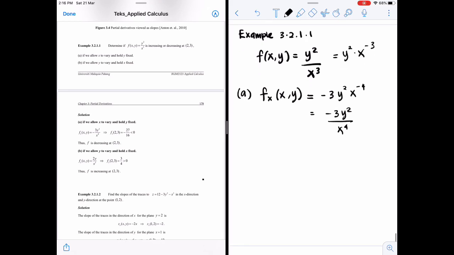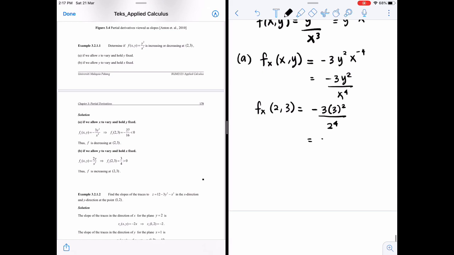Okay, so we now want to check whether this function is increasing or decreasing at point (2, 3). We need to substitute x equal to 2 and y equal to 3. So we will have negative 3 times 3 squared divided by 2 to the power of 4, which is negative 27 over 16.